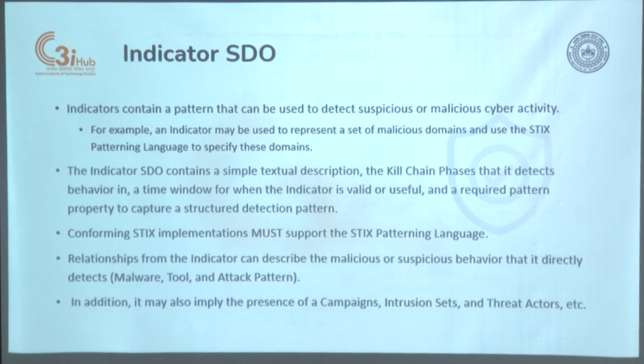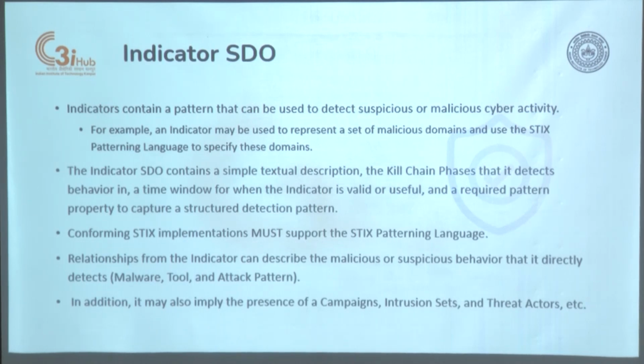So indicators are IOCs. IOCs are a very important part of threat intelligence, right, because if I want to caution you that my organization got attacked by so and so threat actor with so and so malware, and that you might be the next target, what should you be looking for?